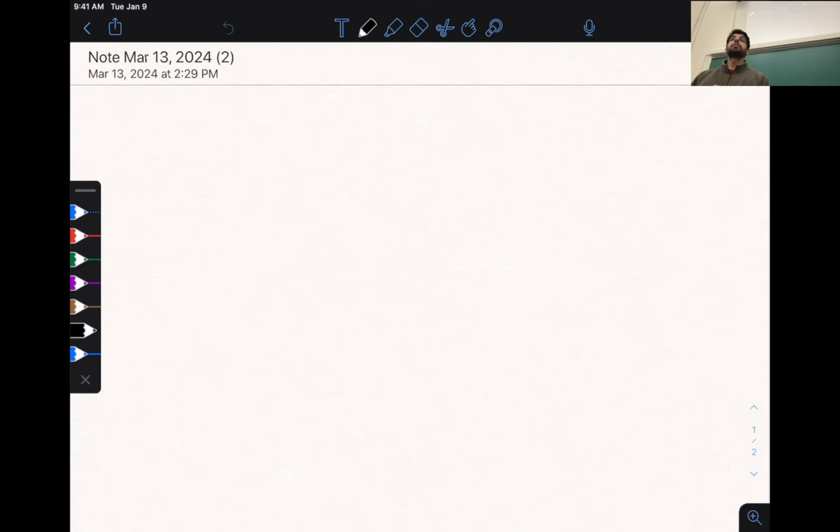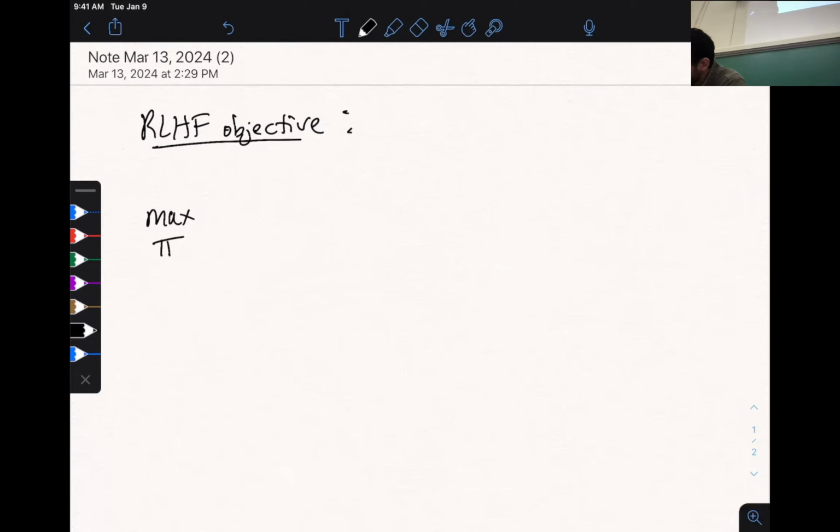Just as a reminder from before, we had completed our discussion on RLHF with the following final goal, which was to find the policy pi. Again, a policy is just another fine-tuned language model. So we're trying to find the language model that maximizes the expected reward.